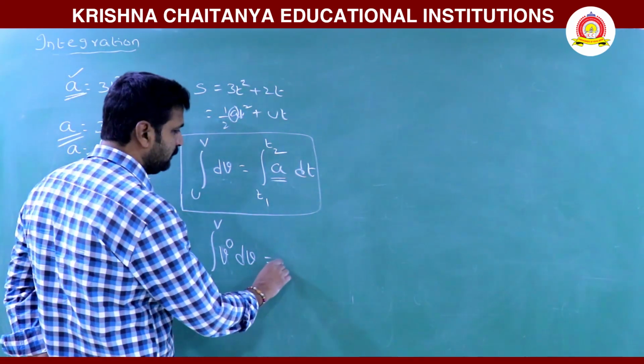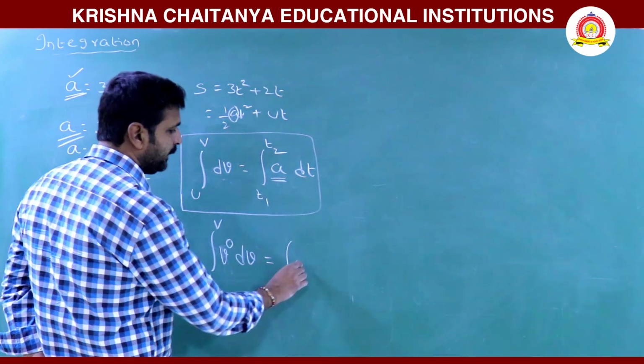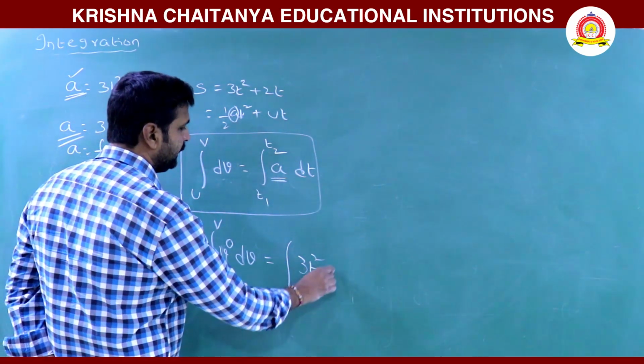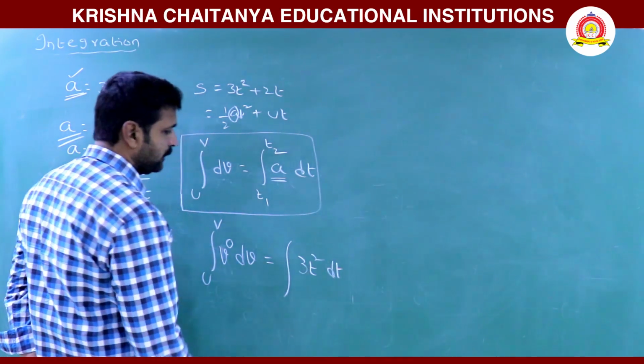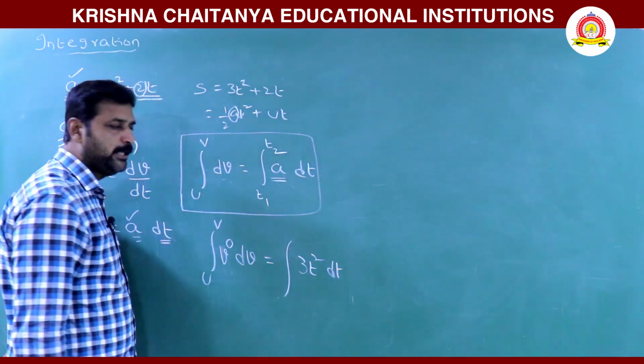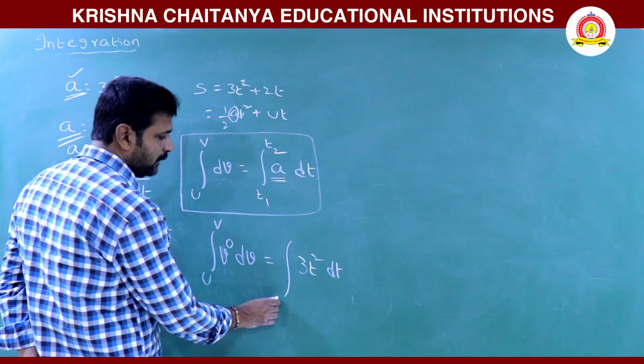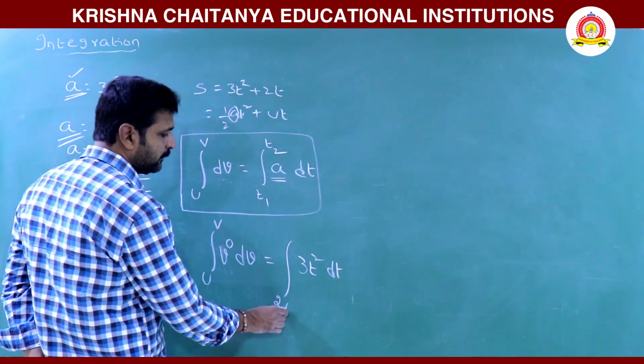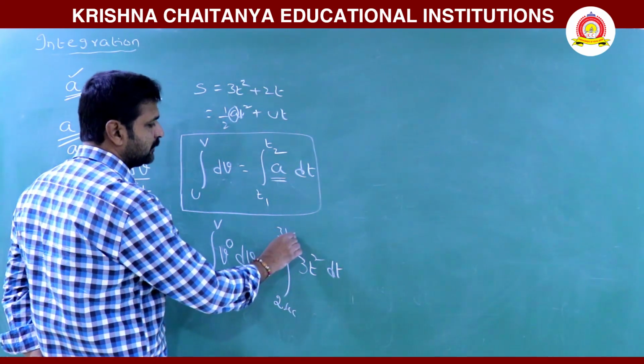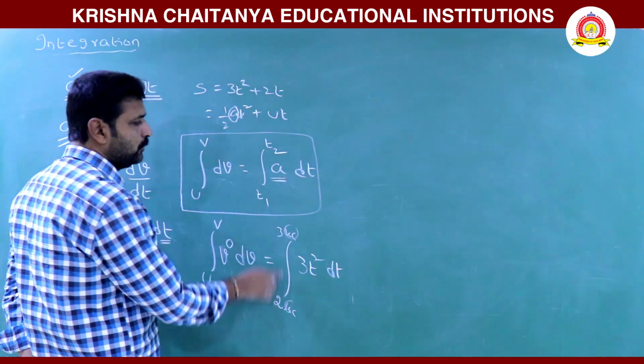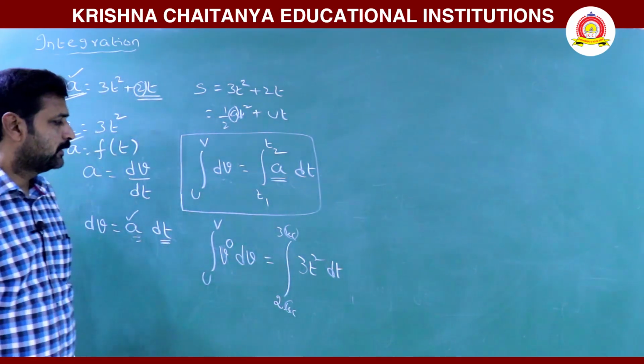This is equal to integral a, which is 3t squared dt, t1 to t2. Now take from 2 seconds to 3 seconds.